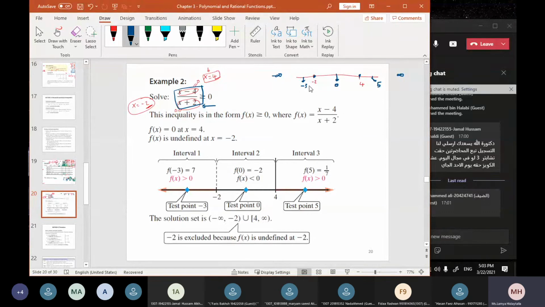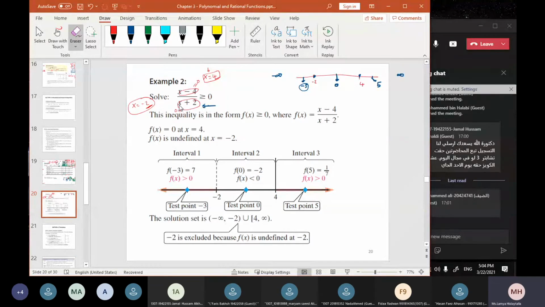What do we do with these points? We substitute them in this function to know whether it is positive or negative. So take -3 and substitute here. If you substitute with -3, what is -3 minus 4? It is -7.